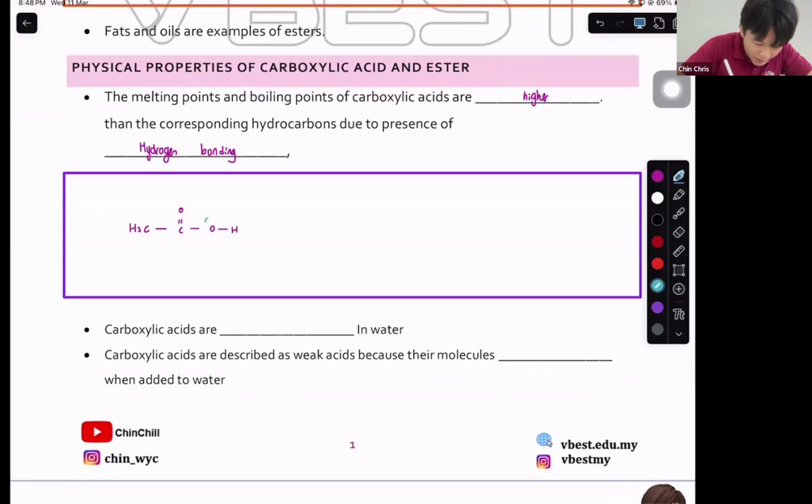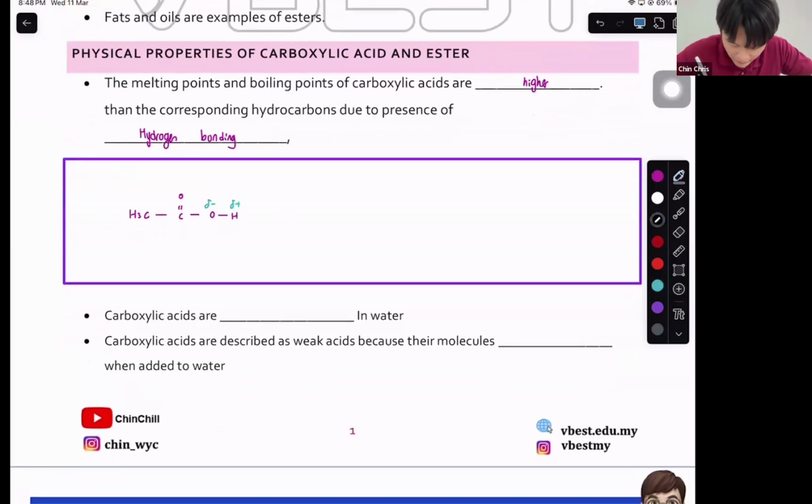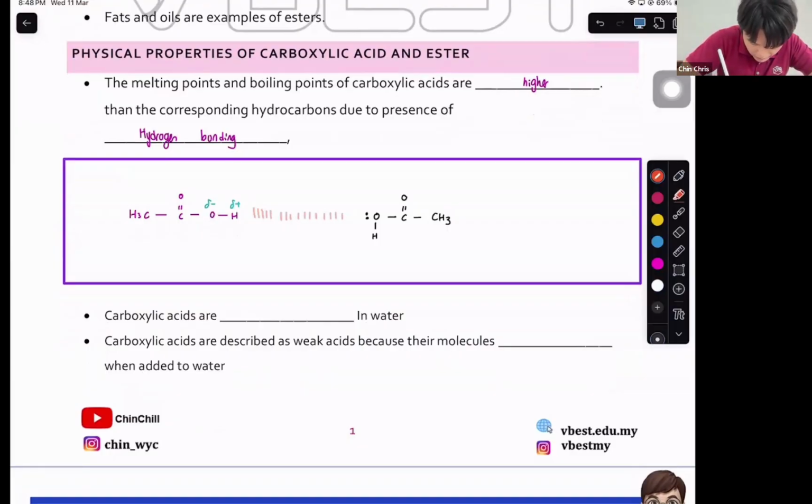Okay, I have a delta minus here and a delta plus here. I can join it with another carboxylic acid. Hydrogen joined with the lone pair. That is your hydrogen bonding. Done.